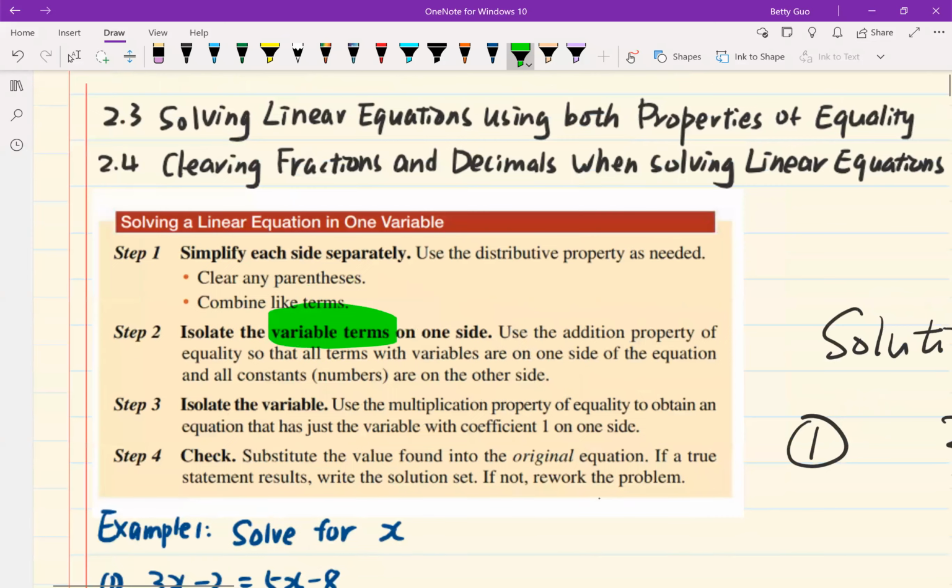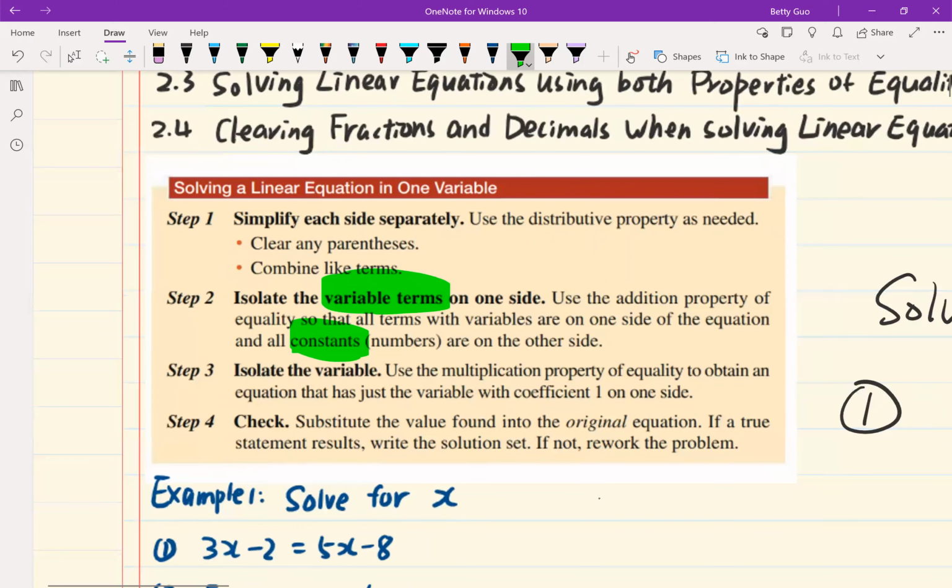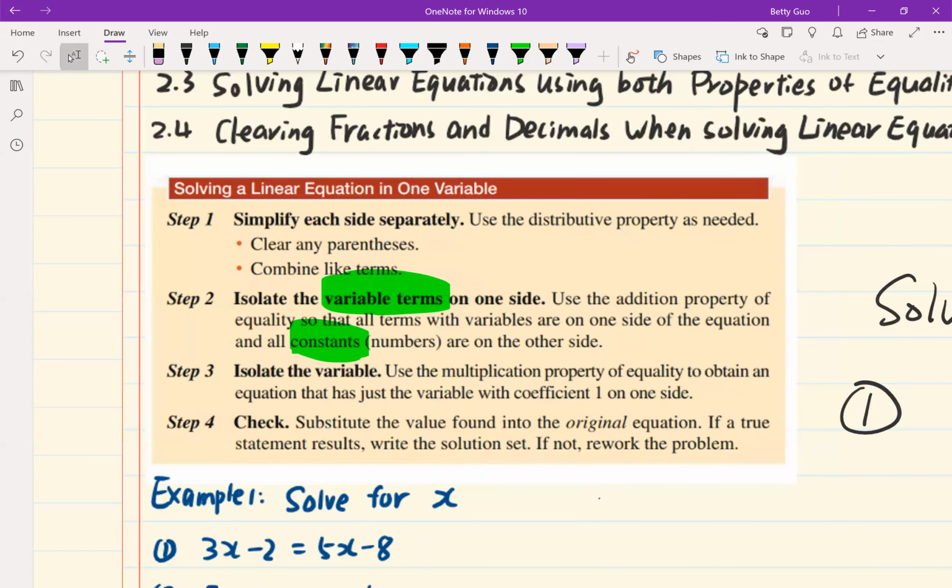So variable terms and constant terms. Step 3, isolate variable x. You can use the multiplicative property if needed. Step 4, check. Substitute the value found into the original equation. If a true statement results, write the solution set. If not, rework the problem. Technically, step 4 is not mandatory, but it's always good if you apply it.